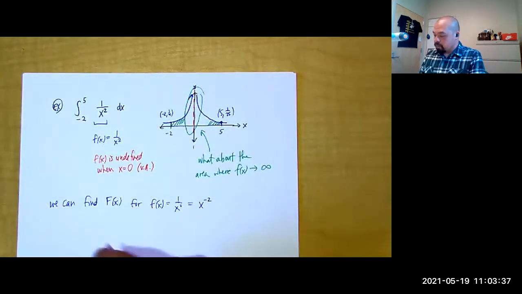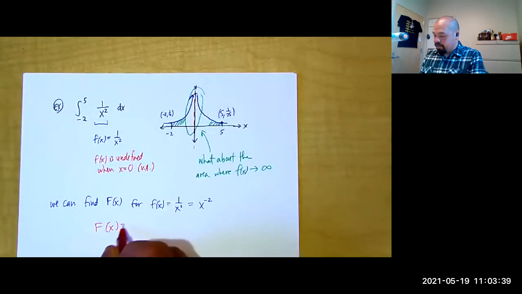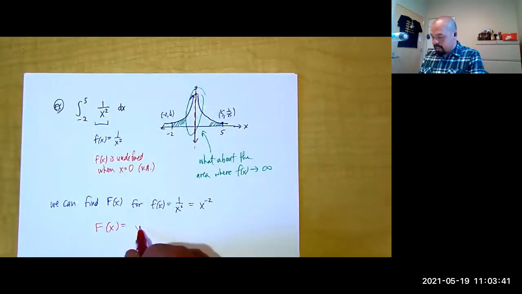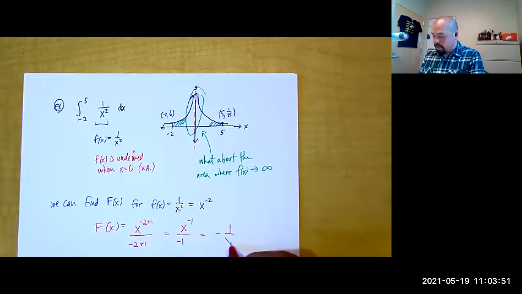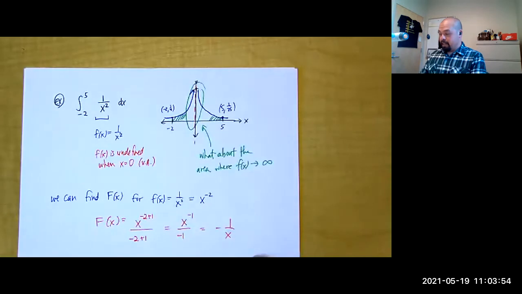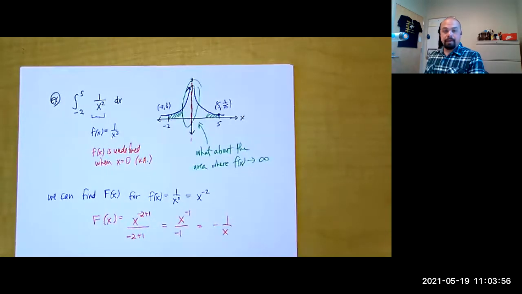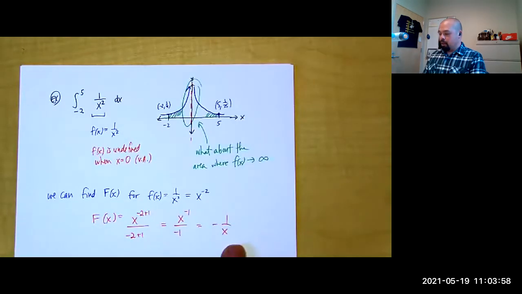So our antiderivative is x to the negative 2 plus 1 divided by negative 2 plus 1, which is x to the negative 1 over negative 1, or negative 1 over x, right? We can find values at our two limits of integration.